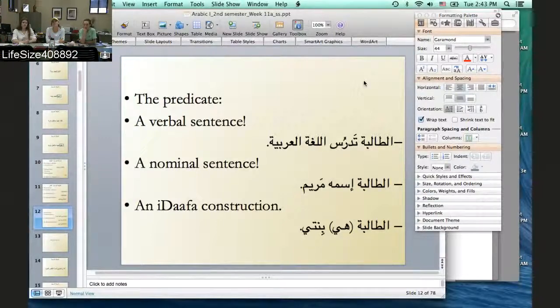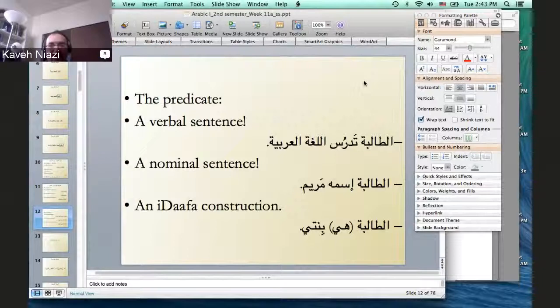And in this case, I put the hiya because the hiya is optional. If your predicate is definite, you need to use the hiya or huwa, the pronoun, to mark it. I'm sorry, but for the idafa construction, it's considered definite, so the hiya is optional.